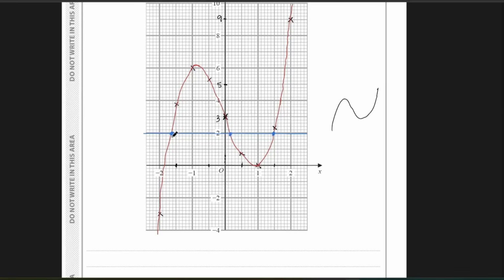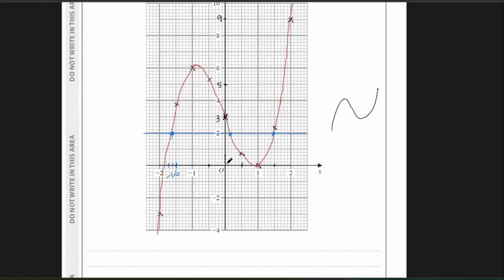So the first one here is roughly between -2 and -1.5. We have 5 squares. So each square has a value of 0.1. So this is -1.5, -1.6, -1.7, and so on. And this looks like it's between -1.6 and -1.7. Let's go with -1.6 for this.